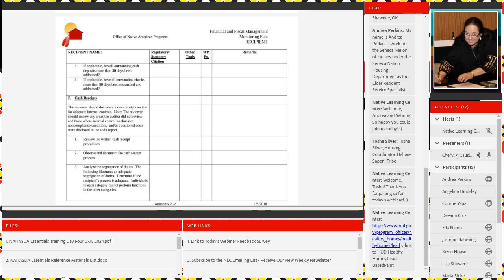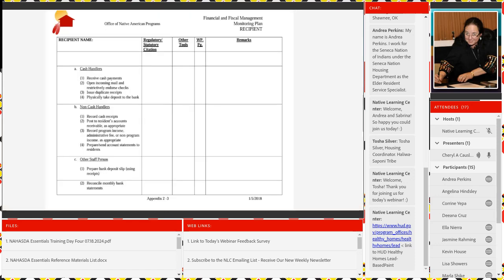The following illustrates adequate segregation of duties. Determine if the recipient's process is adequate. Individuals in each category cannot perform functions in the other categories. Cash handlers receive cash payments, open incoming mail, restrictively endorse checks, issue duplicate receipts, and physically take deposits to the bank.